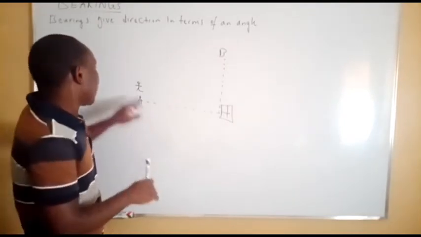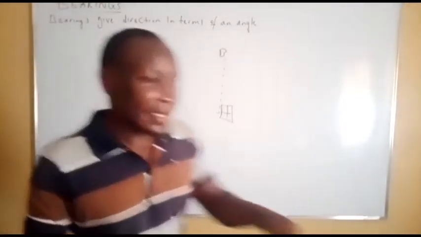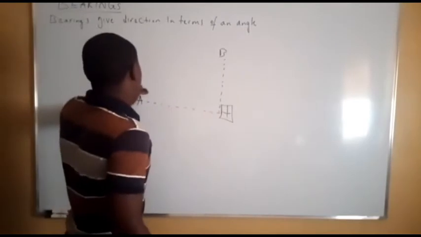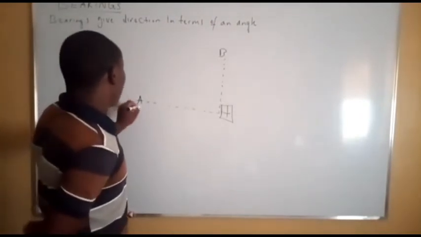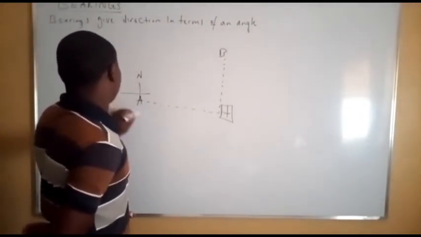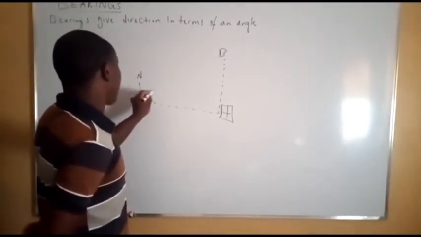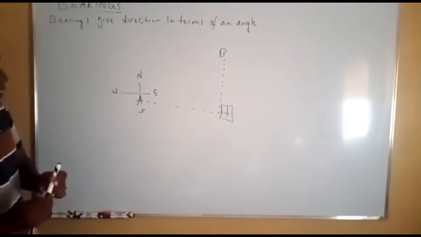Here we draw the compass like that. So this is north, this is west, this is east, and this is south.